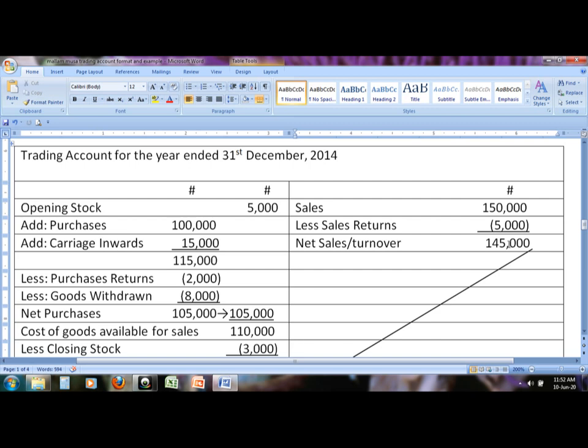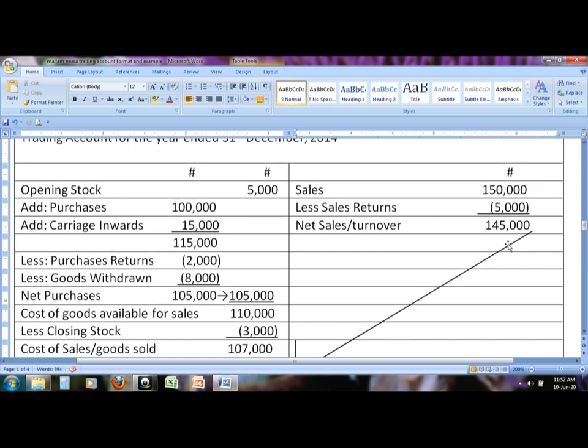From there, you now deduct our closing stock. The closing stock is 3,000 naira. Subtracting 3,000 naira from 110,000 naira will give us 107,000 naira as our cost of sales or cost of goods sold.